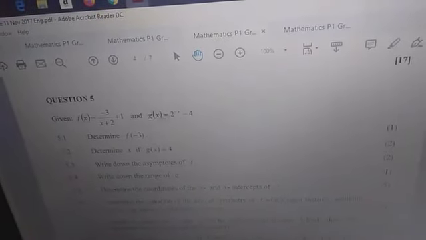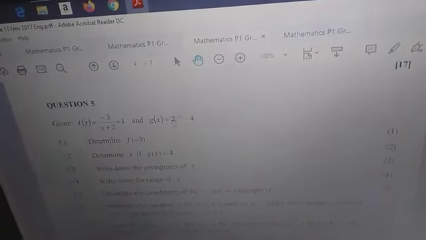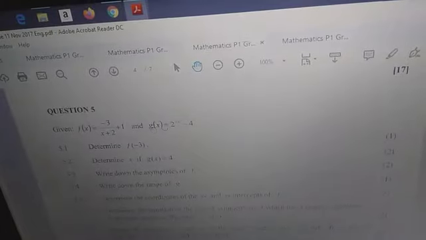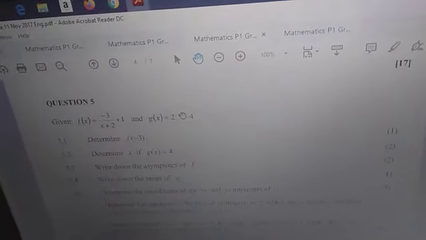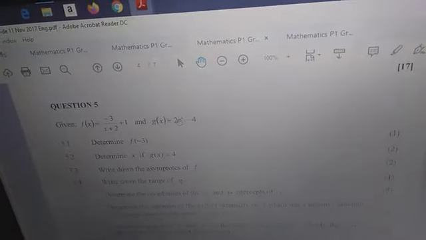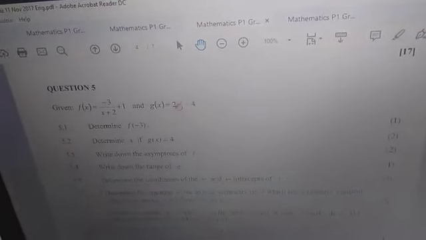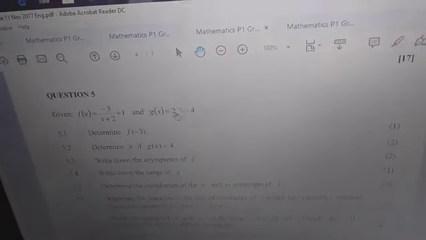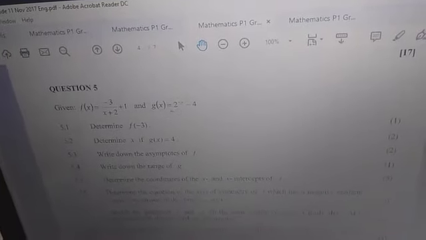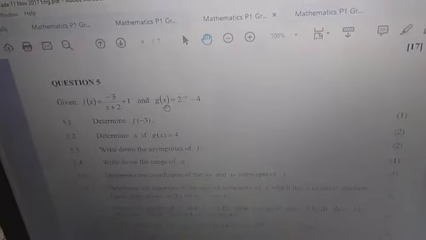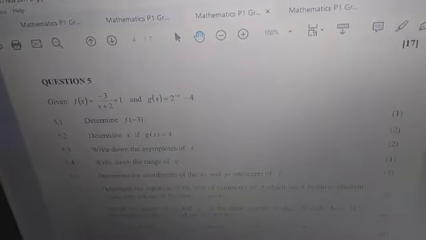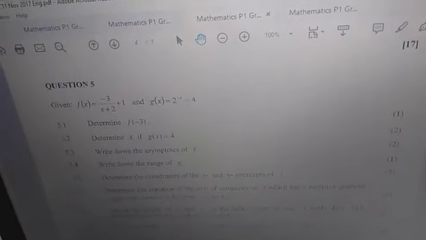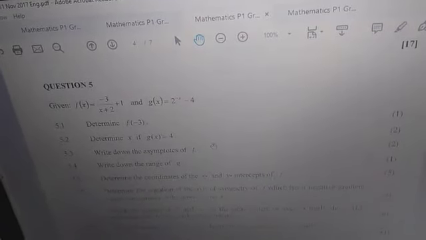That means the bases are the same, so just cancel 2 with 2, and your exponent equals the other exponent. You have 2 equals negative x. So you simply divide by negative 1 to get your x-intercept being negative 2. Right, so you plot those, and I will show you the solution, how they worked that out.